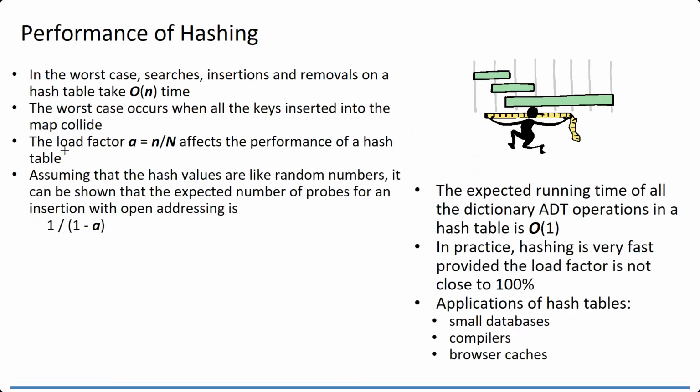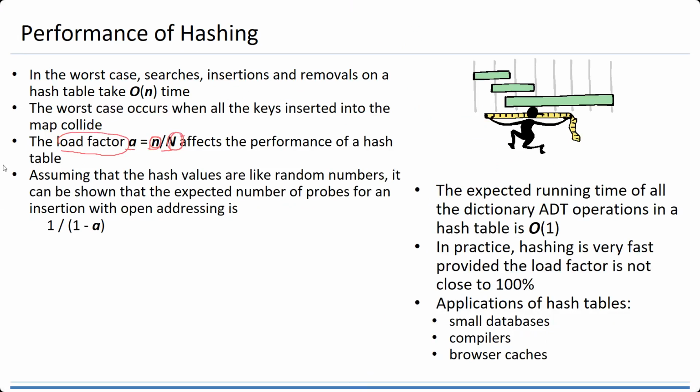So we call this the load factor. The load factor means alpha equals n divided by big N. So n is the number of the data that we want to input, and big N is the size of the hash table.